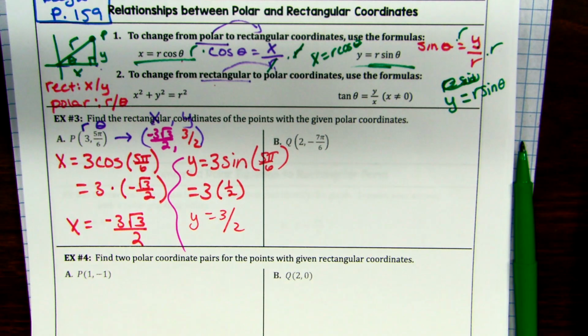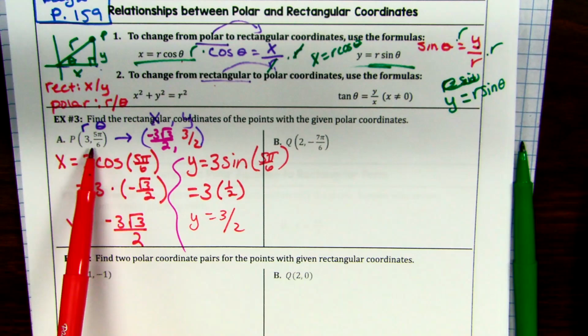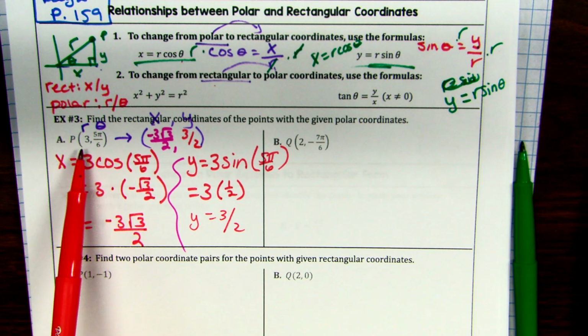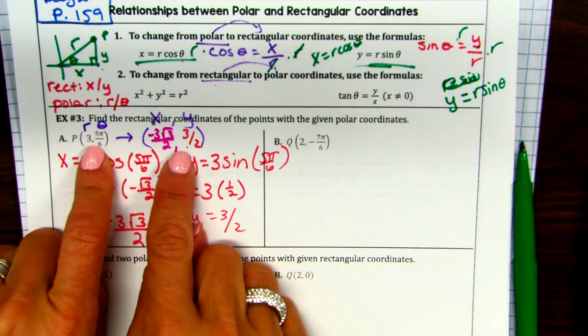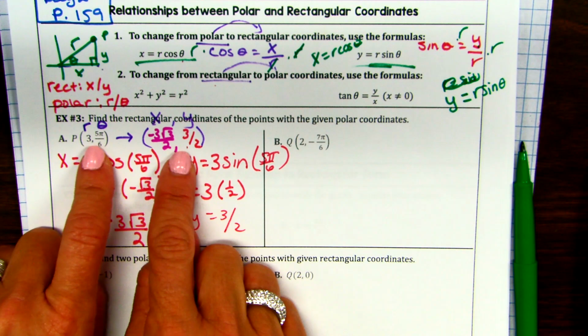So just understand, if I graphed this point on a polar graph, and graph this point on a rectangular graph and put them right on top of each other, they'd be in the same exact place, okay? The destination is the same. It's how you travel that's different, okay?